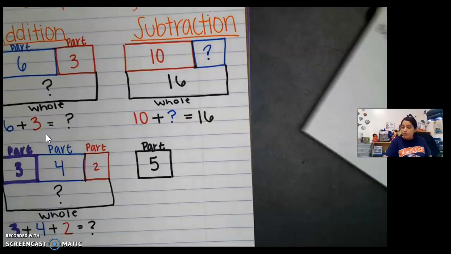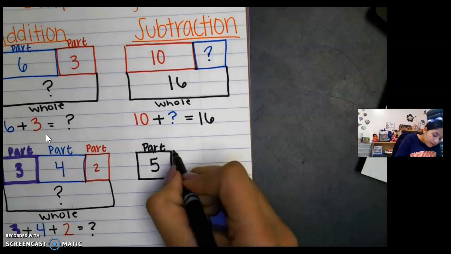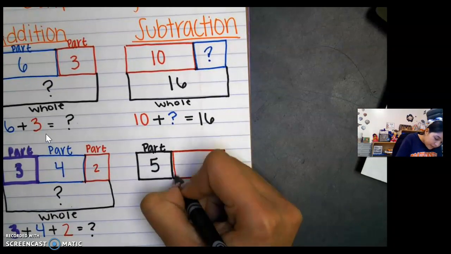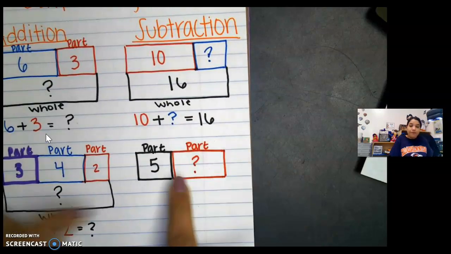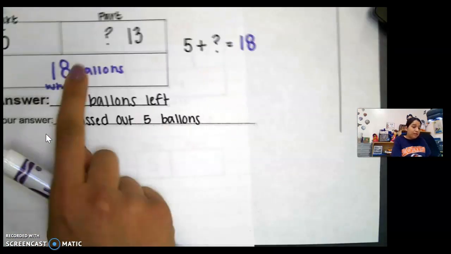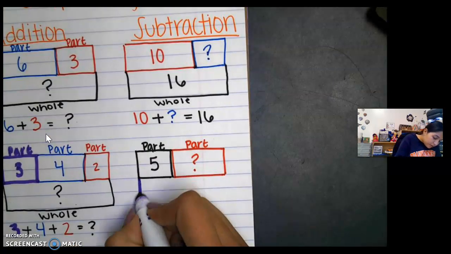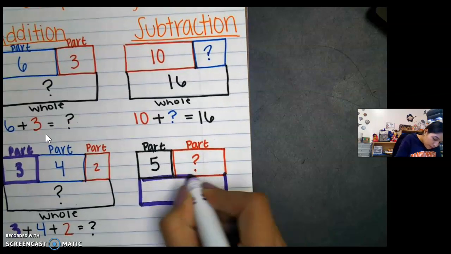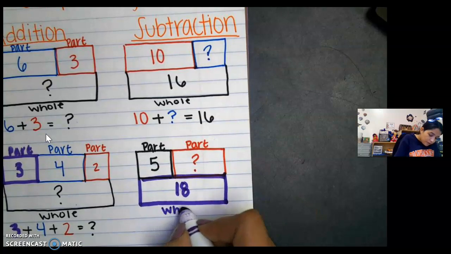We didn't know how many balloons he had left. So we were missing our other part. But we do know that he had 18 balloons in total. So he had 18 balloons all together. That was our whole number. 18 balloons was our whole.